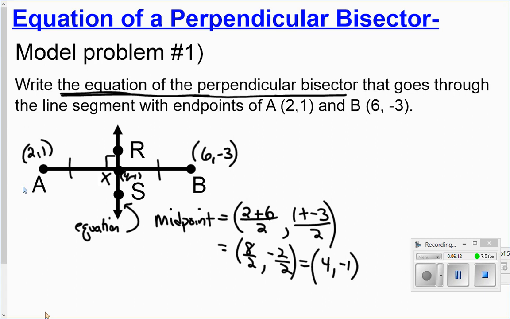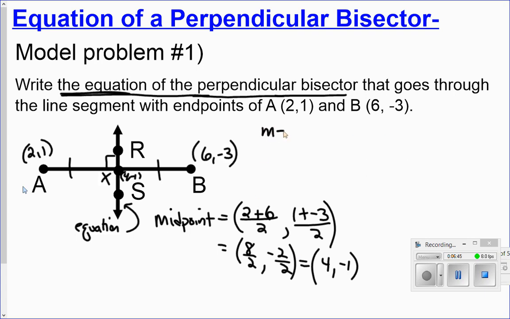So that's the midpoint, but remember, I'm supposed to find the equation for the line. So I'm going to have to figure out the slope of the line segment. Okay, line segments can have slopes too, so that I can then figure out the slope of line RS because it's perpendicular to line segment AB. So let's go ahead and find the slope of line segment AB.